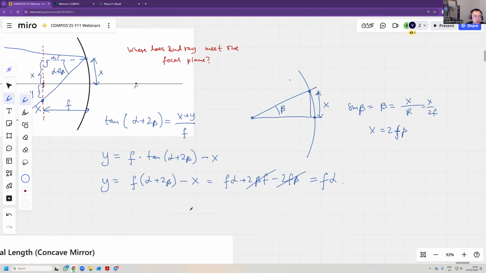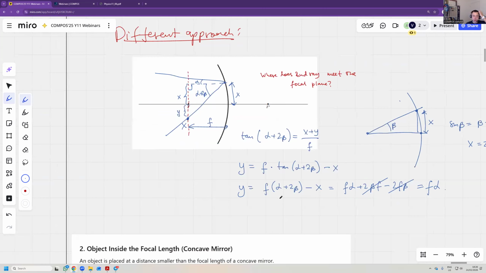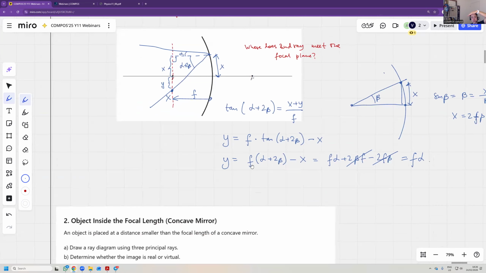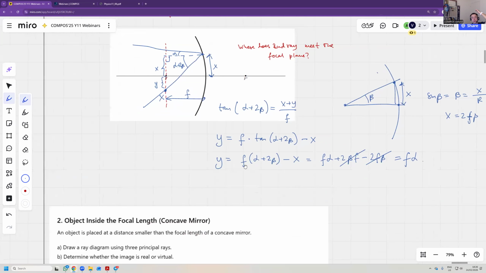So we've proved that a ray which is shifted a distance X will go through the focal point a distance F alpha away. So that means any ray will pass through that point.